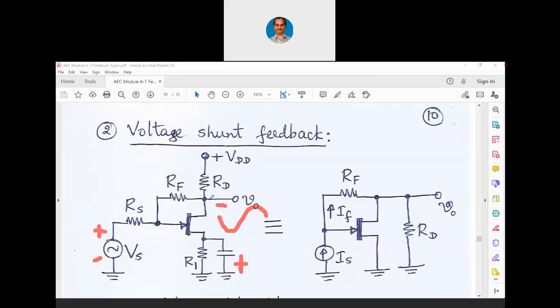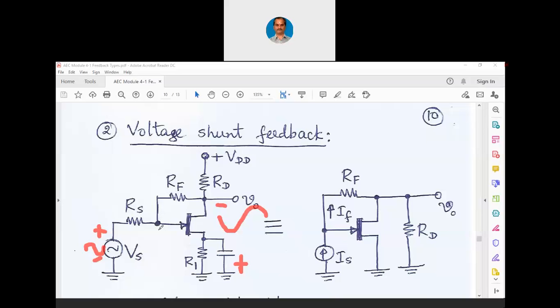So now a portion of the signal itself is fed back to the input by means of this RF. Let us say we have this input signal here and the output signal is a 180-degree phase shifted version. Now a portion of the same signal is coming through this RF to the input.